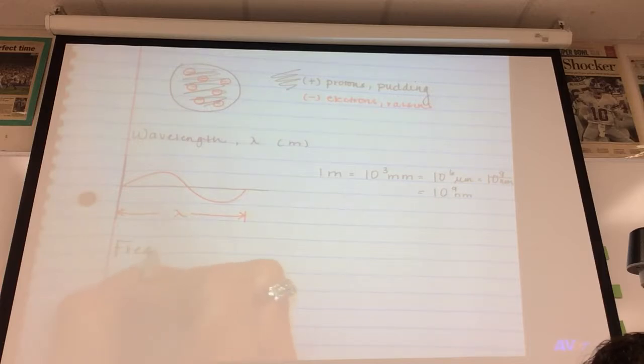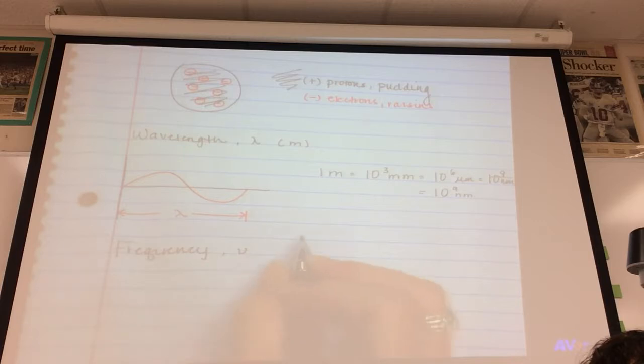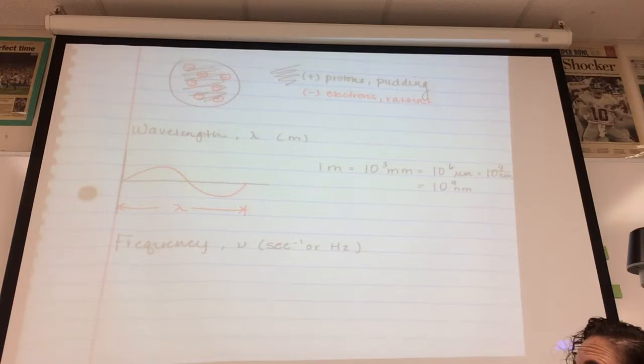Frequency, and this is all on your formula sheet, has this funny V, and this is going to be either in seconds to the -1 or hertz. They usually give you hertz, but seconds to the -1 is going to help with your unit cancellation.